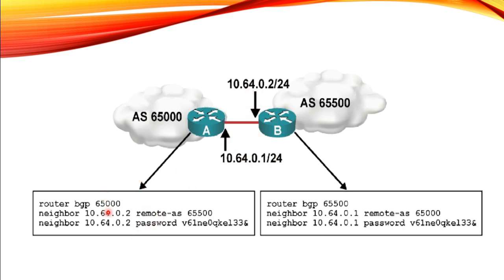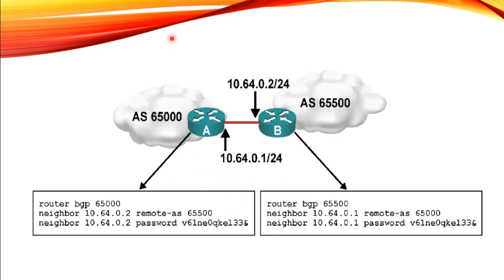So what's the BGP command for authentication? It's very simple. You log into the router and type router bgp and then add the AS number. After that, specify your neighbor IP, then your neighbor AS number. After that, you can add your password. On both sides, you configure the same commands.